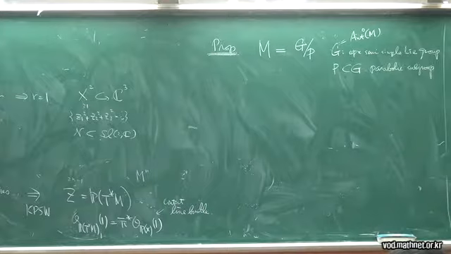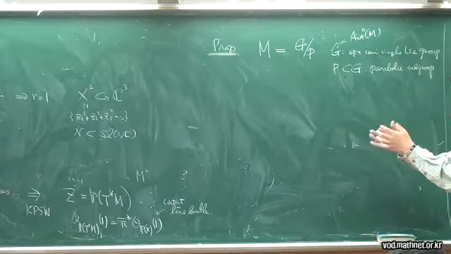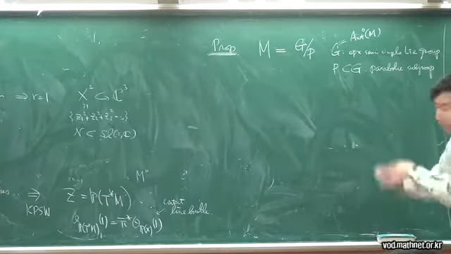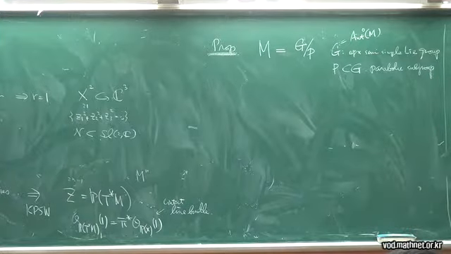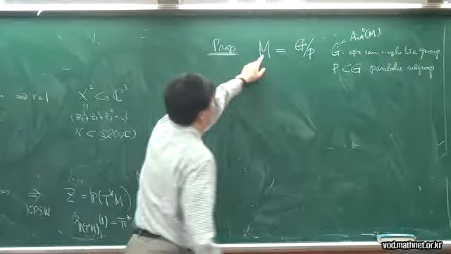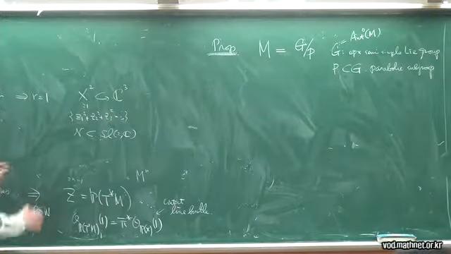A homogeneous variety is nothing but a manifold whose automorphism group acts on that variety transitively. So we first check that the automorphism group of M acts on M transitively. So this is the first part.